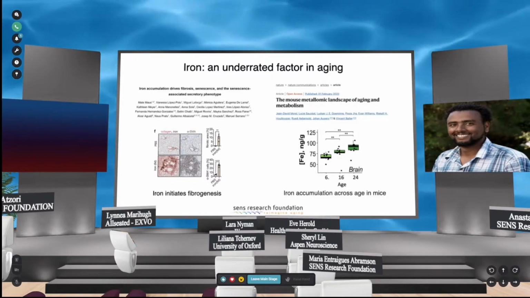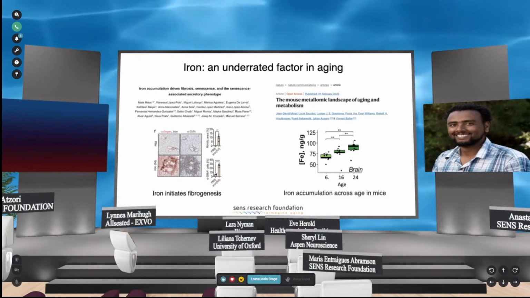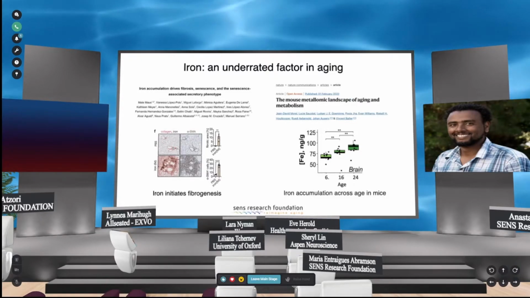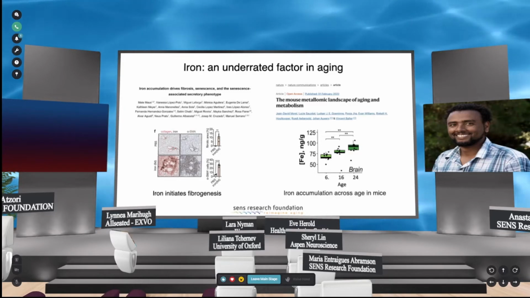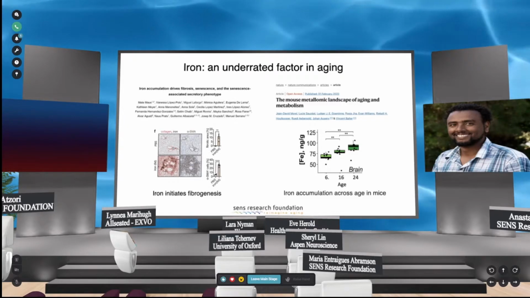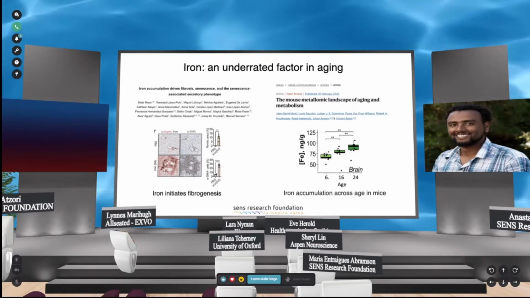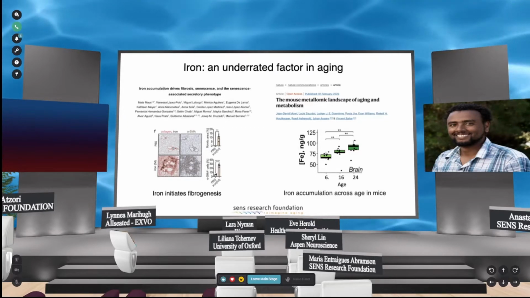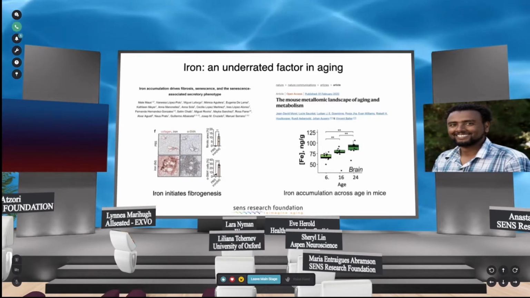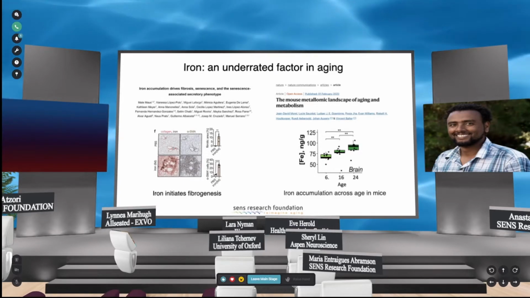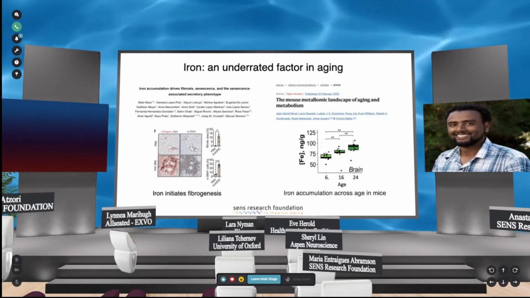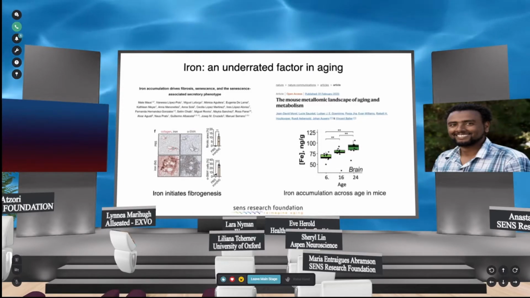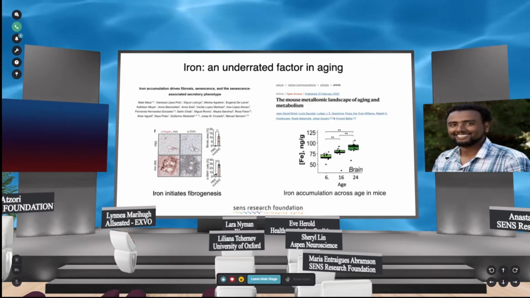And most importantly, recently, it's not actually a paper, it's in bioRxiv, it's not published yet, they showed that iron accumulation by itself drives senescence and the senescence associated secretory phenotype, and it's also an important driver for fibrosis to happen, as measured by different fibrosis markers here.